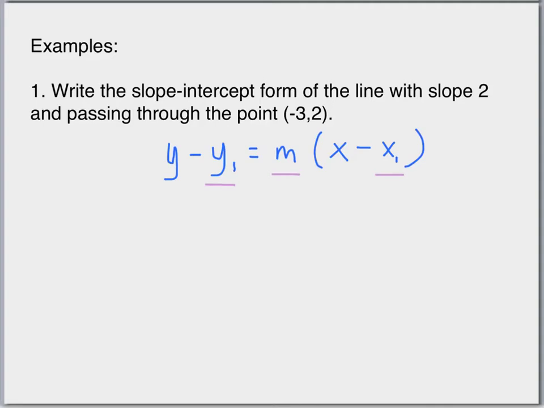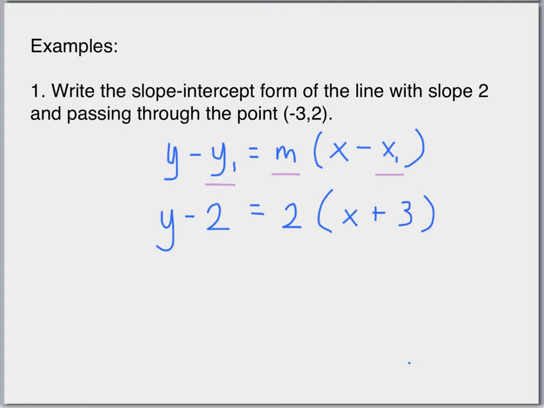Alright, so I would just rewrite this and I would say y minus 2. 2 is the y coordinate. We know the slope is 2. And then x, I could say x minus -3, because -3 is that x coordinate there. But instead I'm just going to write that as x plus 3.